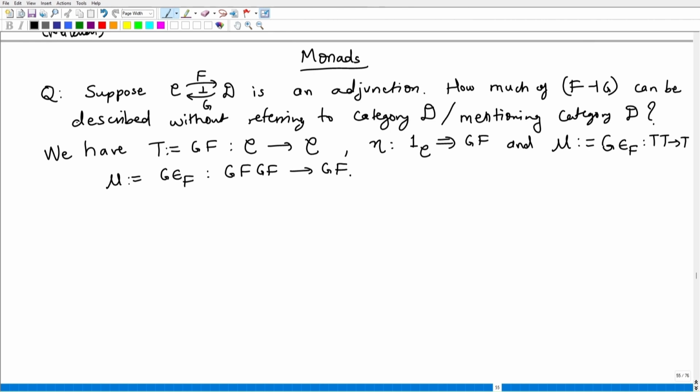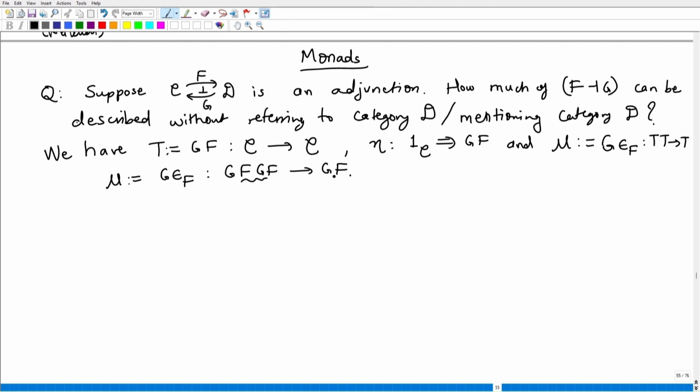So this middle FG is being sent to this middle identity functor on D. You understand? And then we are writing the vertical composition of functors and natural transformations. So mu is still a natural transformation, but it's going from TT to T. So we converted the situation into something entirely related to category C.